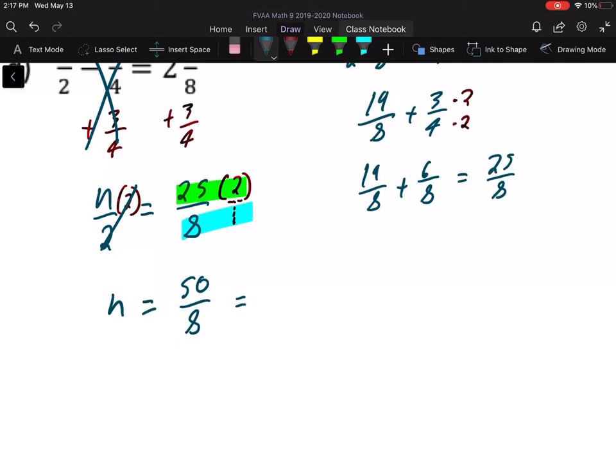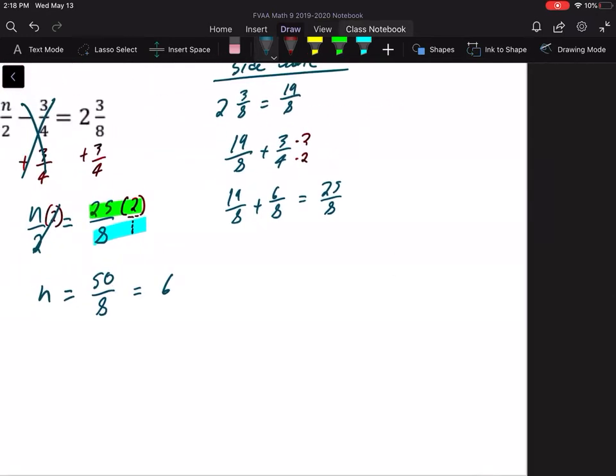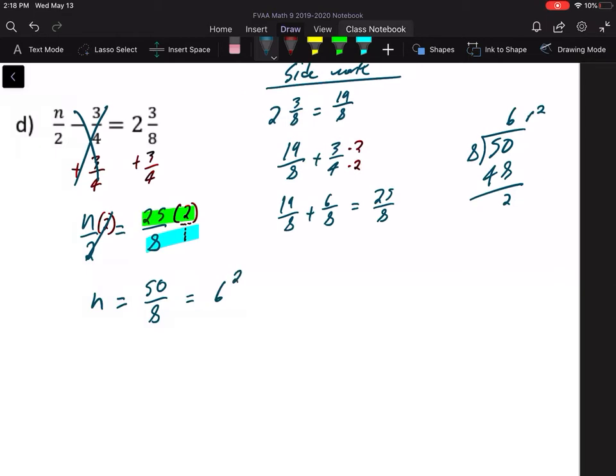So here, let's just do the side work again over here. 50 over 8, and then 6, that gives me 48, leaves me with a remainder of 2. Okay, so that gives me 6 and 2 over 8, or 6 and 1 over 4 if I reduce that fraction. Okay, so n is equal to 6 and 1 over 4.